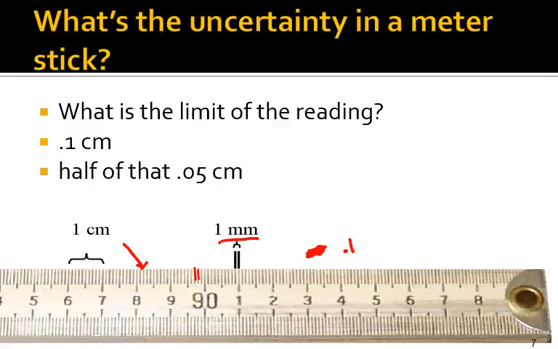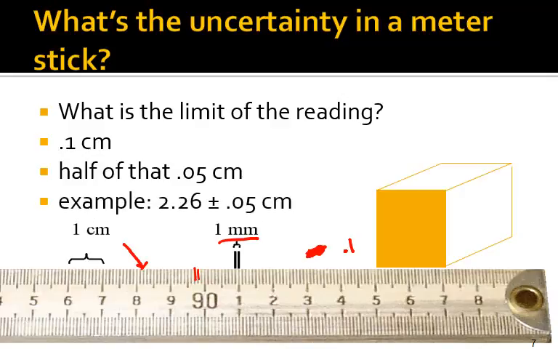So if we measured something like this, where it's, say, 2.2 and then a little bit more, we guess to the next digit, we would have plus or minus 0.05 centimeters, because we take the limiting reading, which is 0.1, and cut it in half, and we get 0.05 for that.